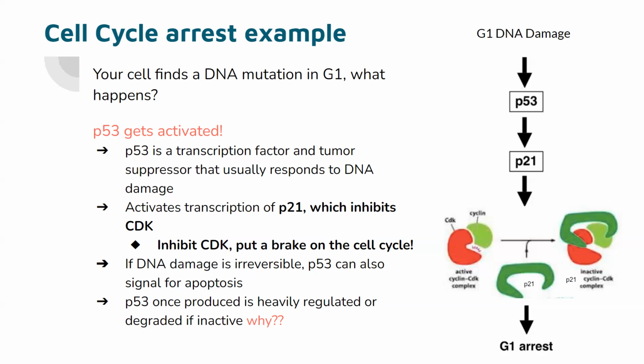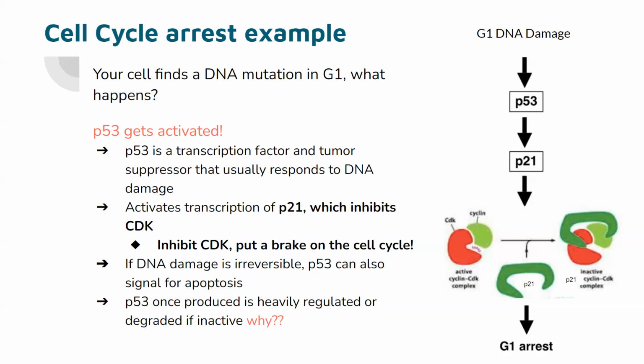P53 is very, very common in cancerous phenotypes. Maybe there are viruses that trigger an activation of it, or different types of infections that can lead to P53 not being able to perform its job.